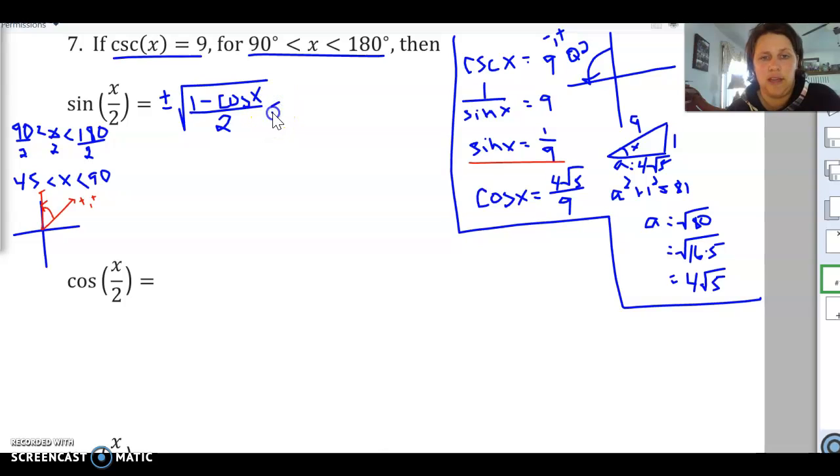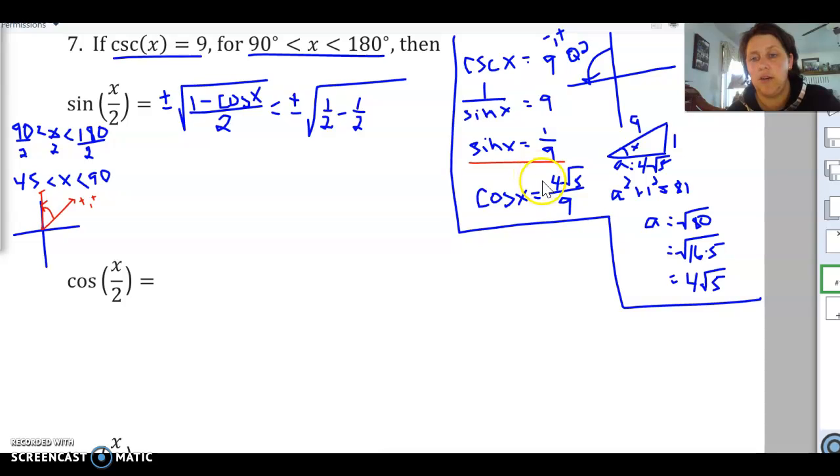So we can rewrite our square root. I'm going to rewrite it as 1/2 minus 1/2 cosine x, but, oh, what did we say cosine has to be over here? Sorry.